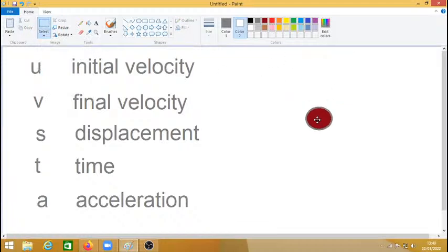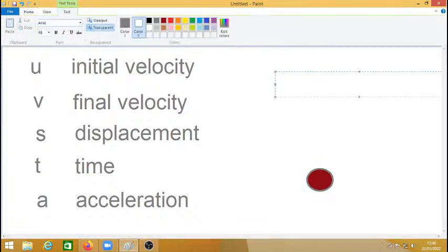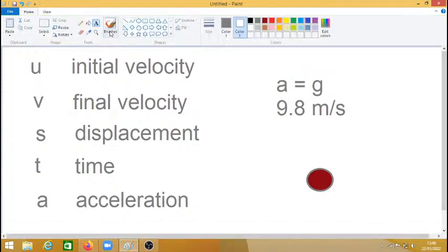And if somebody just lets go, then it's accelerating down to the earth. That's because of gravity. Typically the acceleration for any object downwards is always equal to the acceleration of gravity, and that's 9.8 meters per second squared. That's a very important number for you to remember, and it won't be given in the exam. You have to remember that.